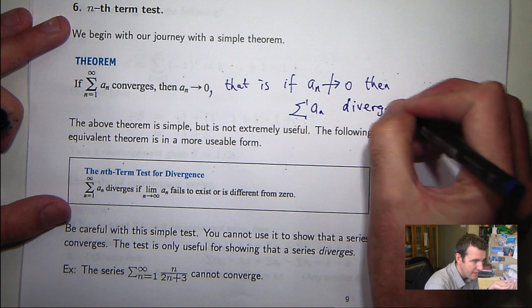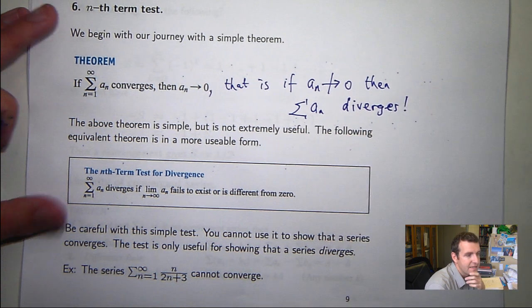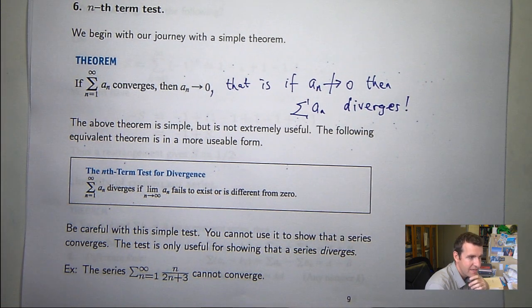What this theorem says is that if a sub n does not go to 0, then the series sigma a sub n must diverge. It cannot converge. So it's the same statement, just written in contrapositive form.